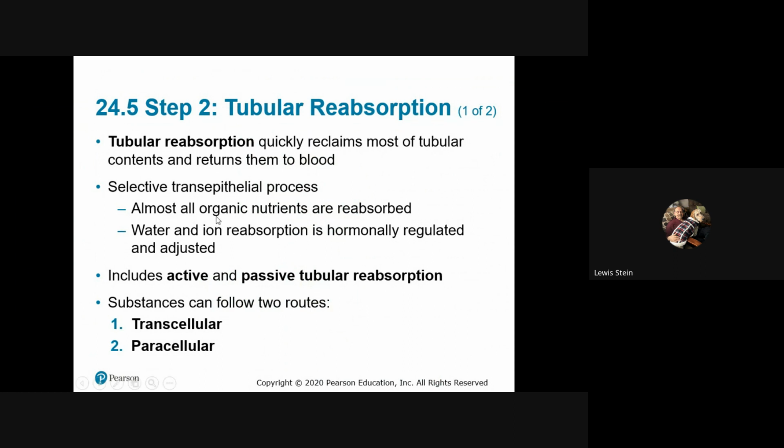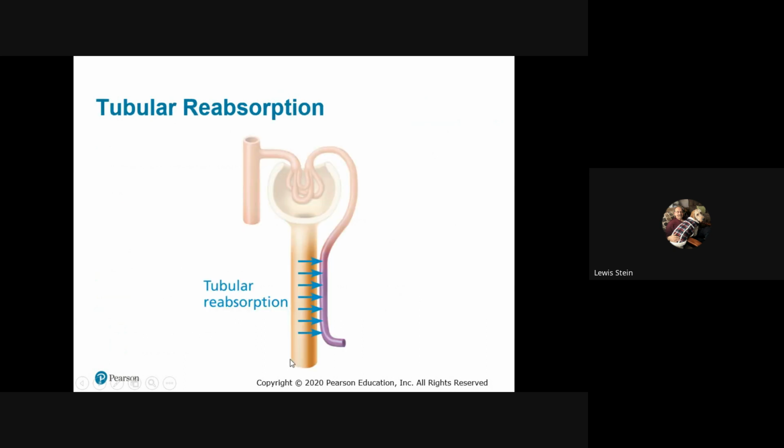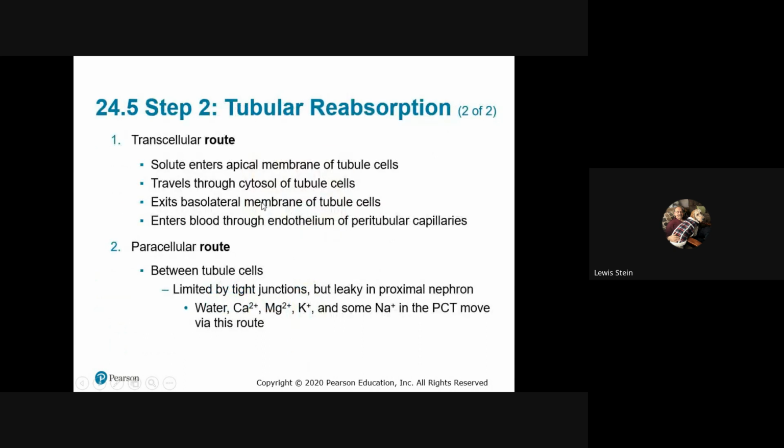So as you can see, organic nutrients are resorbed, and water and ion resorption is hormonally regulated and adjustable. We have active and we have passive. It can go through the cells, it can go next to the cells. There's a lot of variations there. And that's not something for the MCAT.